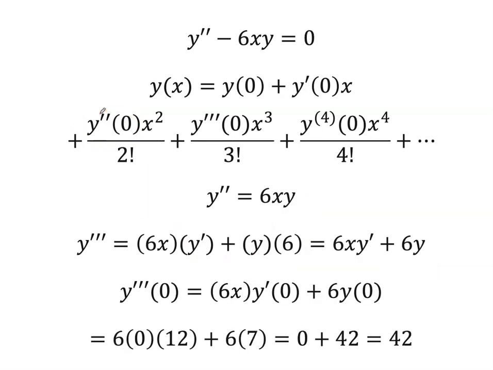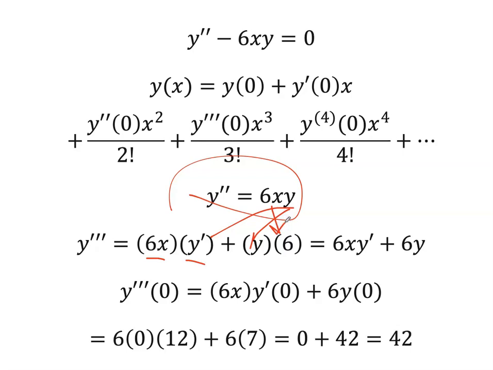Let's find y triple prime. To find y triple prime, we take the derivative of y double prime. We use the product rule. By the product rule, y triple prime, the derivative of y double prime, is going to be the first, 6x, times the derivative of the second, that's going to be y prime, plus the second, y, times the derivative of the first, which is just plain 6.